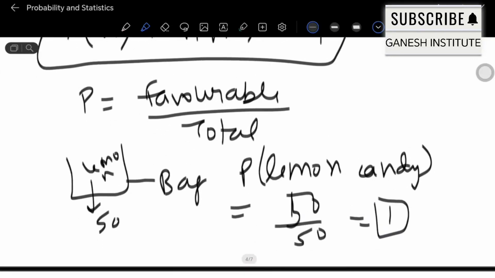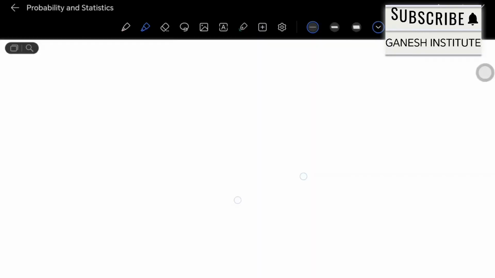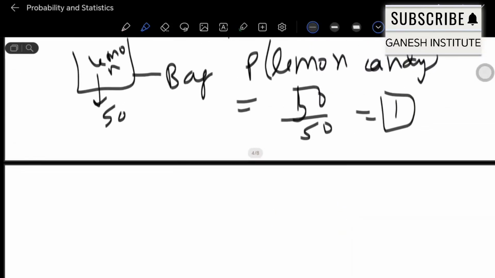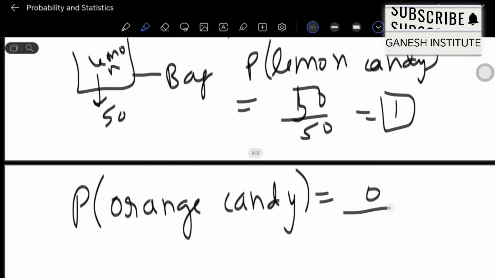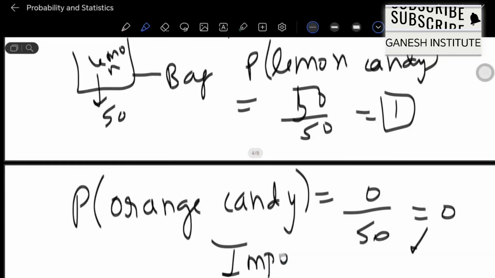But let's say I want an orange candy and I already know that the bag doesn't have an orange candy. Of course, the probability is 0, no favorable outcomes out of 50. So there is one impossible event and one sure event.